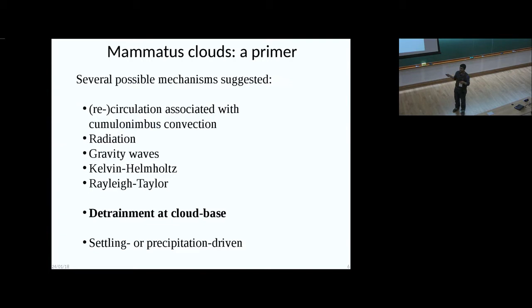Other possible mechanisms: radiation is a possibility. Gravity waves are a possibility. Kelvin Helmholtz is a possibility, especially since you find these things ordered in rows and columns. So some kind of instability you can imagine may be responsible. Okay, Rayleigh-Taylor may be responsible.